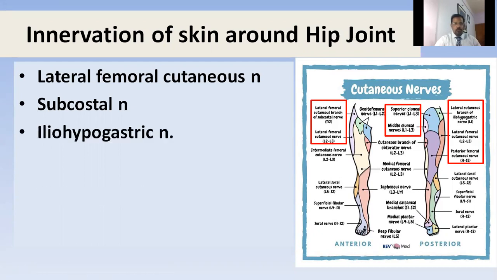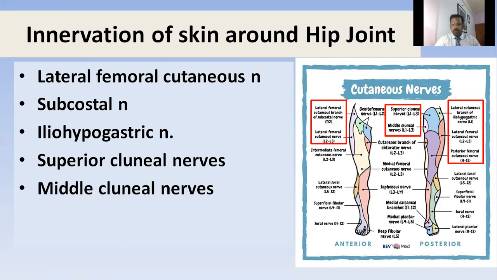Now coming to the posterior aspect, it is by the lateral cutaneous branch of the iliohypogastric nerve in the posterolateral aspect, and coming more medially in the posterior aspect, it is by the superior cluneal nerves and the middle cluneal nerves.